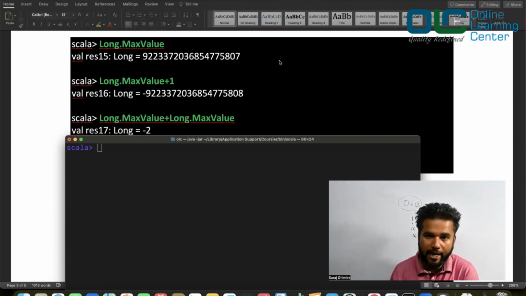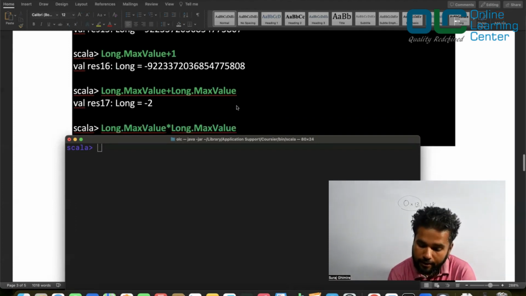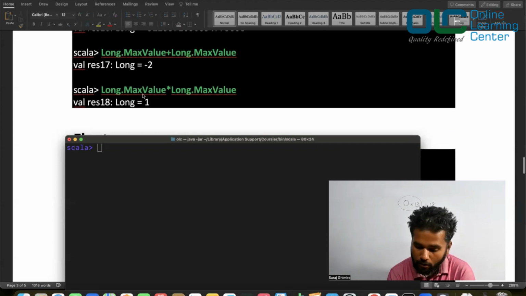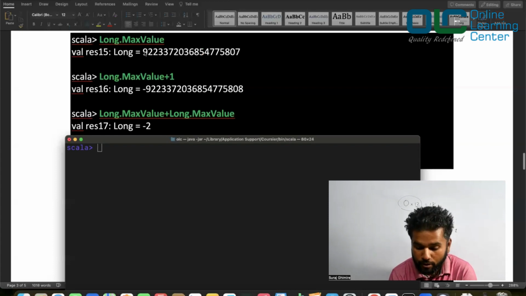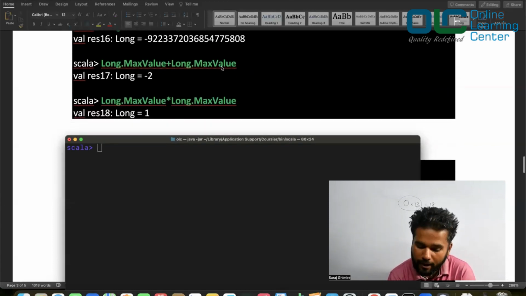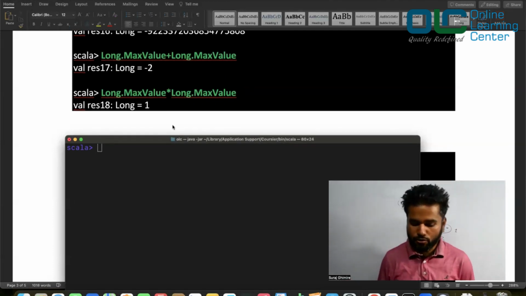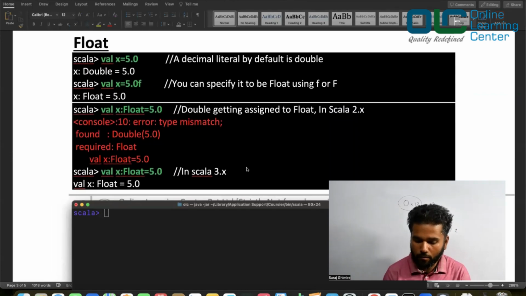It follows that pattern, it follows that cycle, and ultimately settles down to -2. Okay. Likewise, long dot max value into long dot max value, that is huge again, right? So this value into this value again will be huge, but it still follows the same pattern and somewhere settles down to 1.